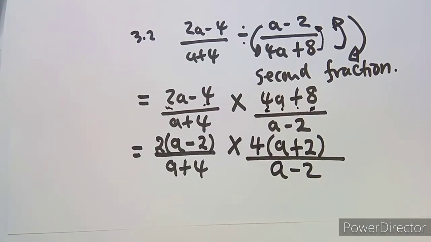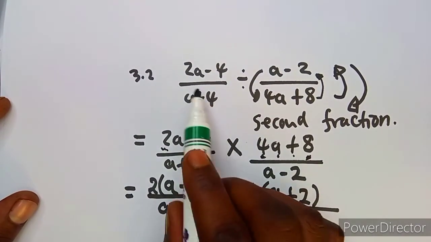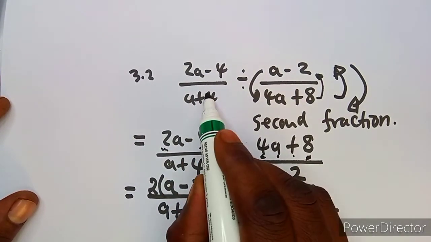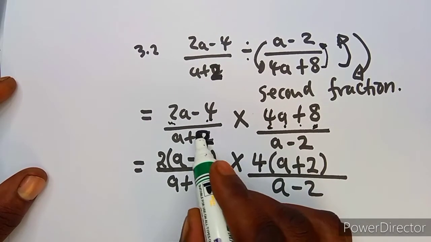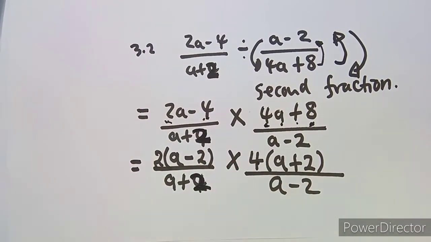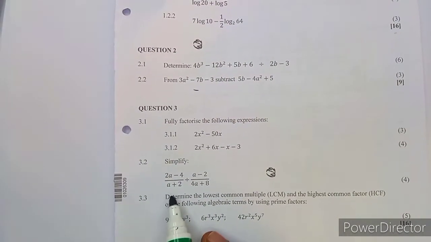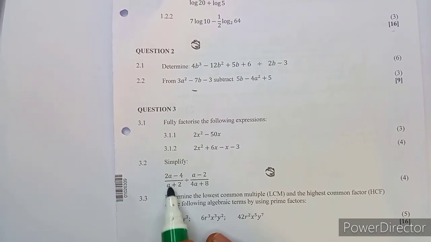Now at that stage, this was a plus 2, so this one is 2a minus 4 over a plus 2. I'm wondering what's happening. Thanks to those who saw this. Cross check here, guys, this is a plus 2.